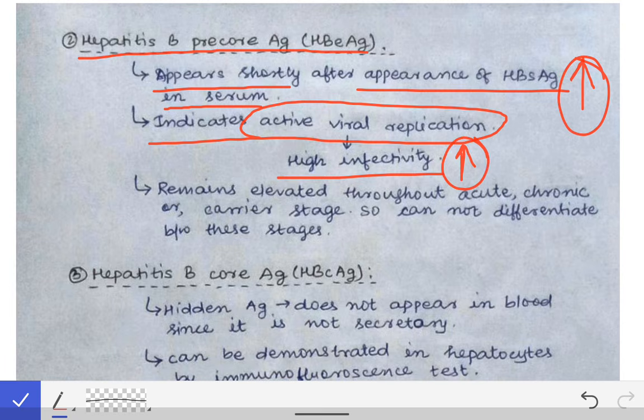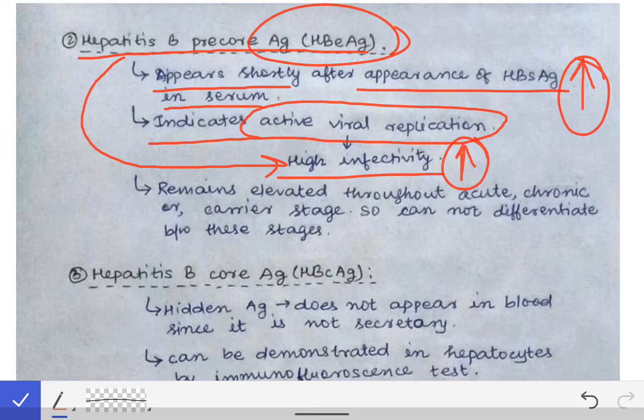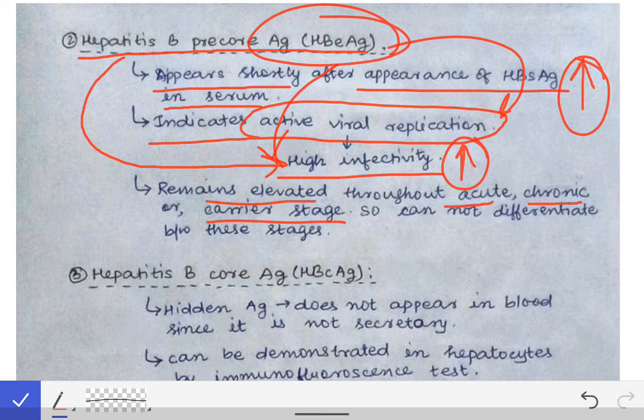This is sometimes asked in MCQs as well, like which of the antigens indicates active viral replication or high infectivity. So remember, it is the HBe antigen which indicates high infectivity and active viral replication. One more important point about this HBe antigen is that it remains elevated throughout the acute, chronic, and carrier stages.